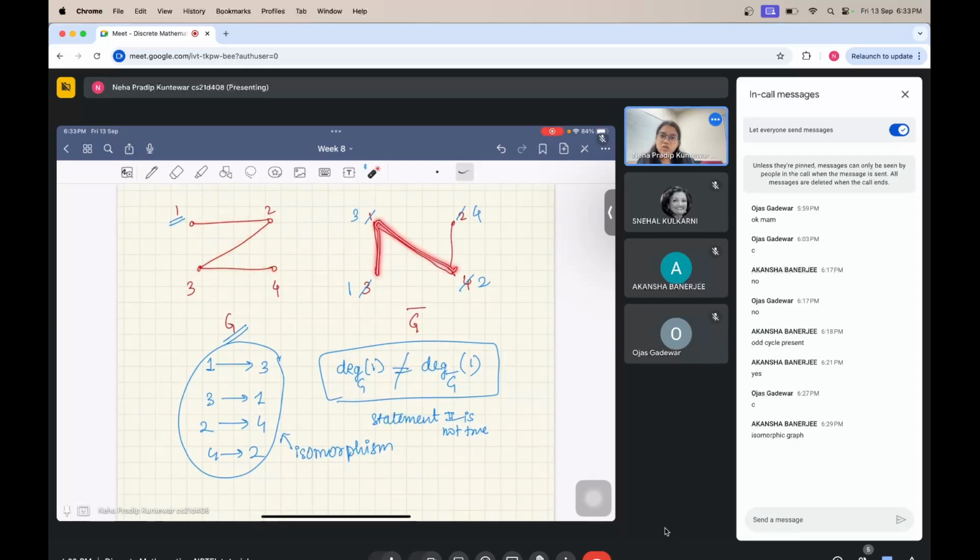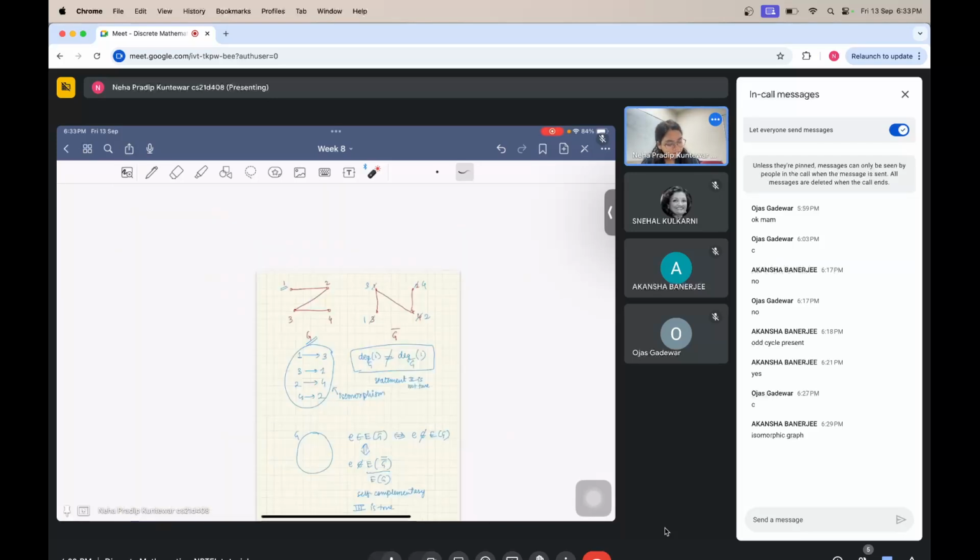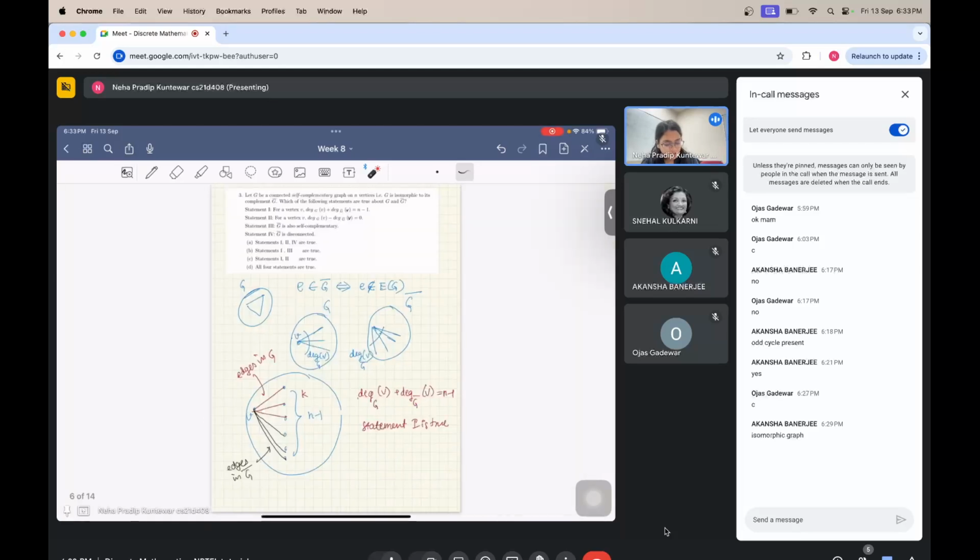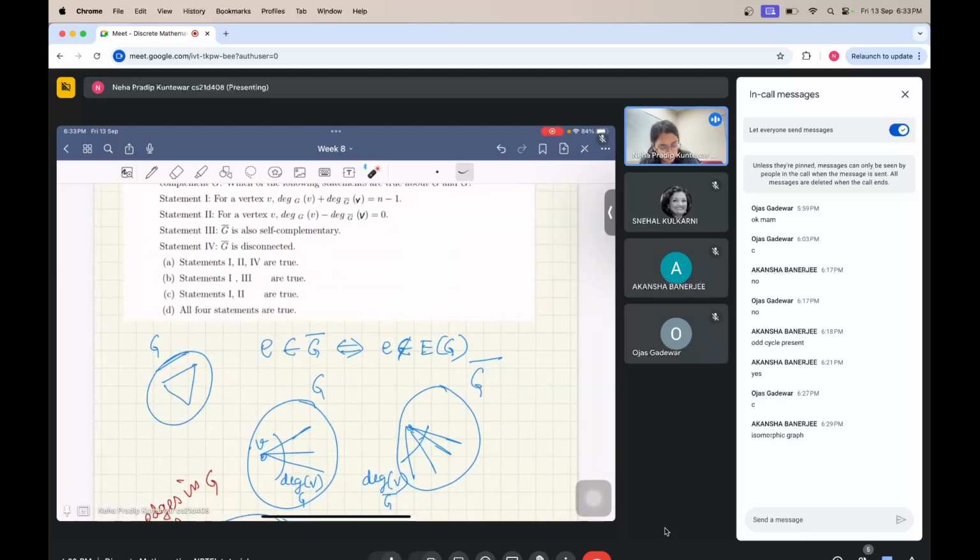You looked at its complementary graph, and it is still connected. So what you have is statement 1 is true, statement 3 is true, and the others are false, and we have counter examples for them. So your answer is B.